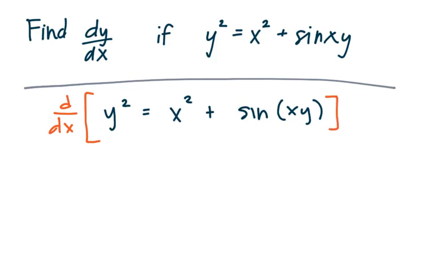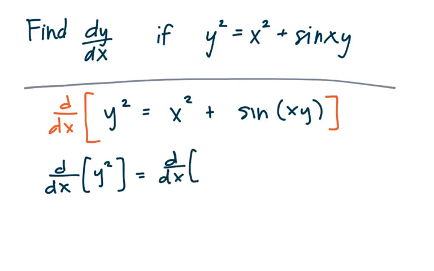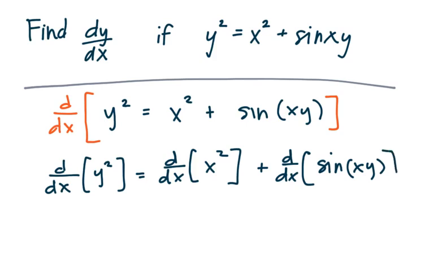So the derivative of a sum, or the derivative of each of these terms, essentially what we're going to be doing is we're going to spread that out or distribute that operation. d dx of y squared equals d dx of x squared plus d dx of sine of the argument xy.